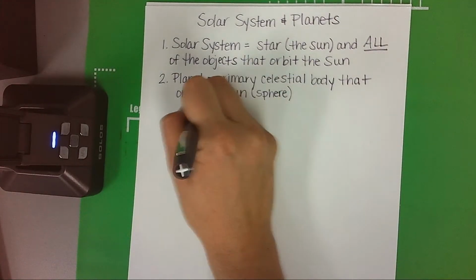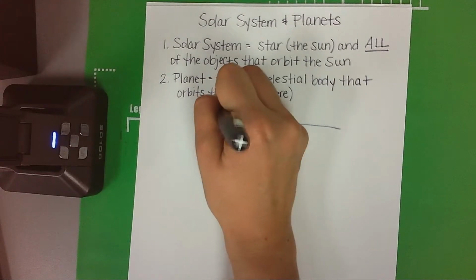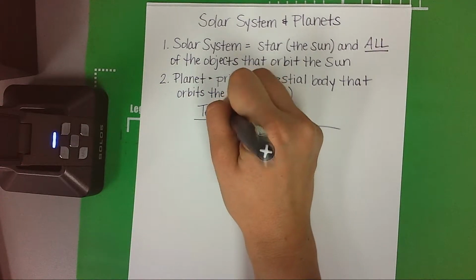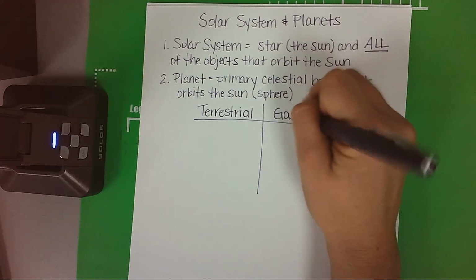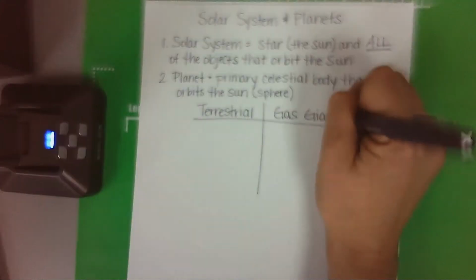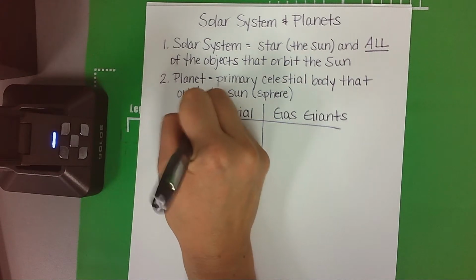Okay, so there's two different types of planets. There's terrestrial planets, and there's gas giants. Terrestrial planets are solid.